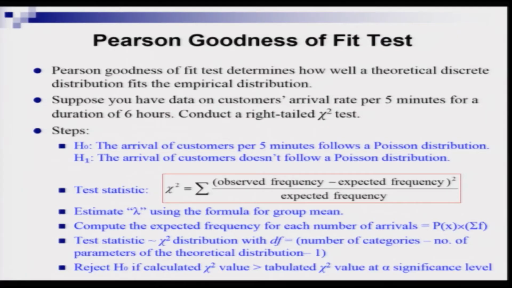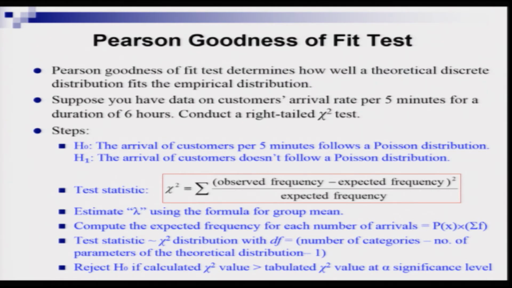So, when you try to fit a particular theoretical distribution, you are basically trying to model the real life observations. It may be possible that the distribution assumption you are making, in this case either binomial or Poisson, or anything else, normal, uniform or gamma, whatever you name it, may not hold. The data you have at hand may not come from that theoretical distribution, and hence there has to be a check for goodness of fit.